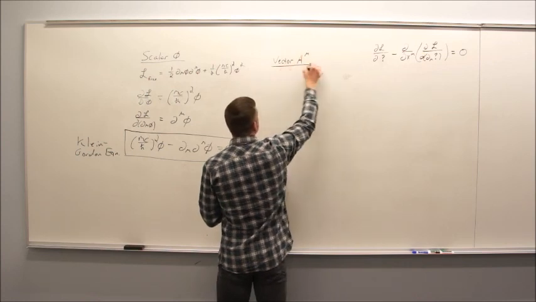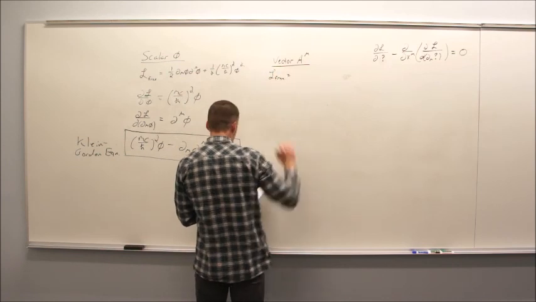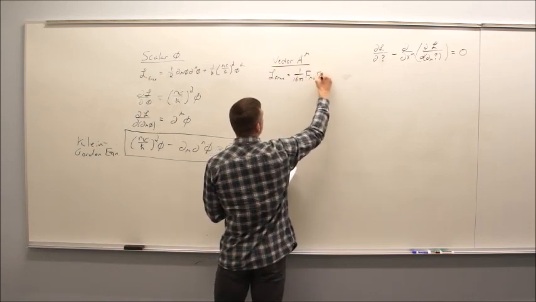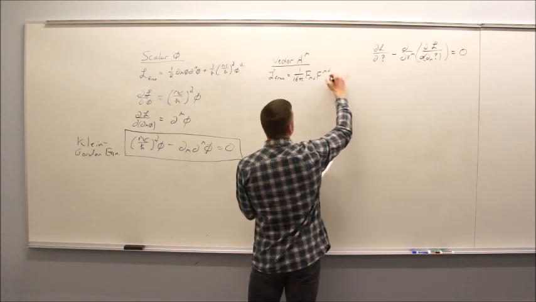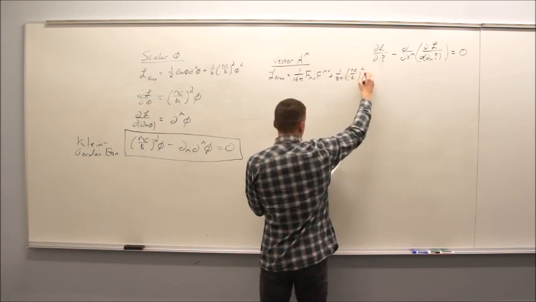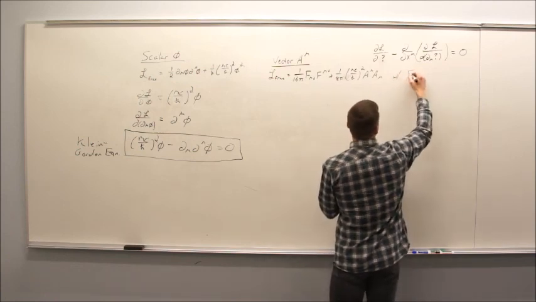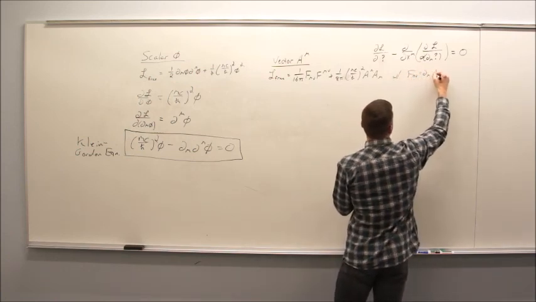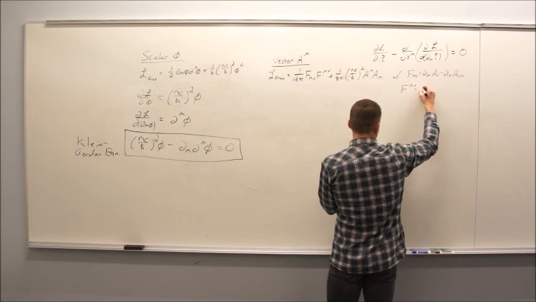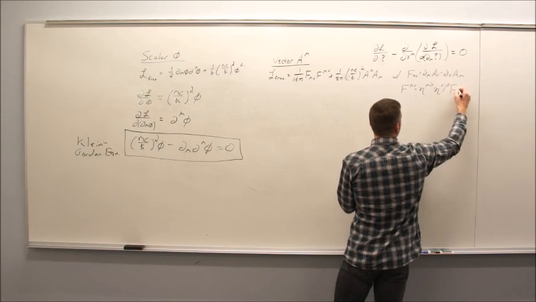So I'm going to have a vector field A mu come next. Its Lagrangian, or the free non-interacting Lagrangian, is going to be the following: 1 over 16 pi f mu nu f mu nu plus 1 over 8 pi mc over h bar squared A mu A mu, where f mu nu is defined as d mu A nu minus d nu A mu, and f upper mu nu is defined as eta mu lambda, eta nu rho, f lambda rho.